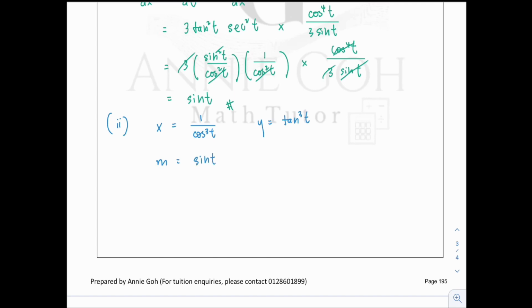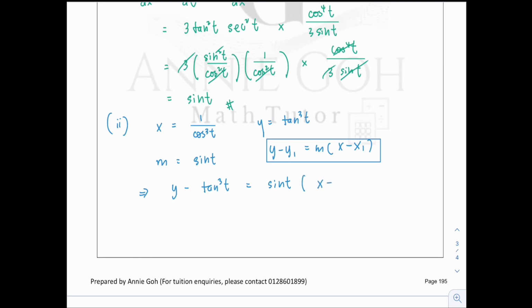So now we substitute it into the y minus y1 equals m times x minus x1 equation. What we have here is y minus tan cube t equals the gradient, which is sine t, times x minus the x coordinate, 1 over cos cube t. That's how we form the equation of the tangent.